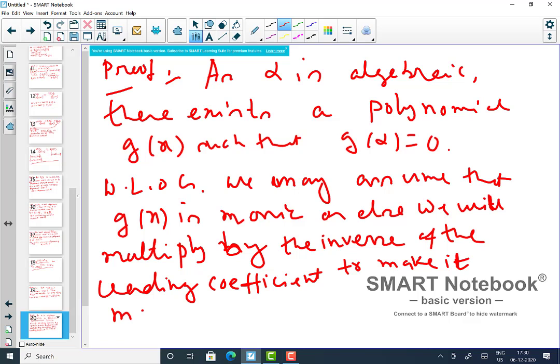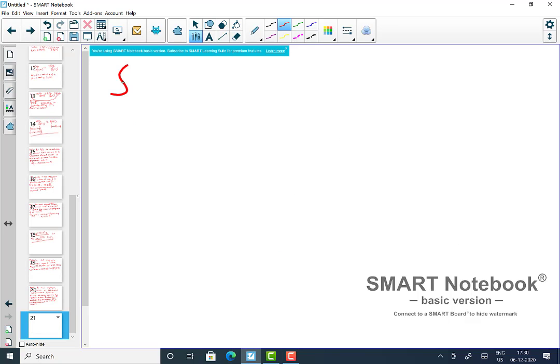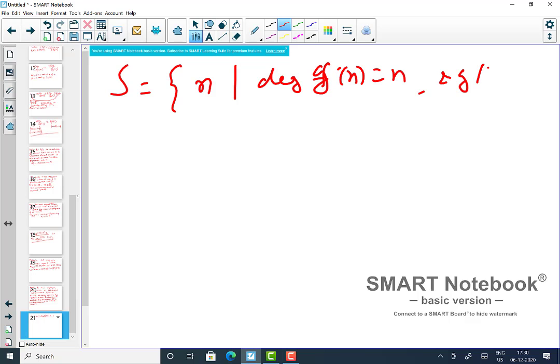Since this is a field, every non-zero element has an inverse. Now collect the set S of all n such that degree of g(x) equals n and g(alpha) equals 0. So you are collecting all the degrees of polynomials which are satisfied by alpha, right? Then this is a subset of the natural numbers.